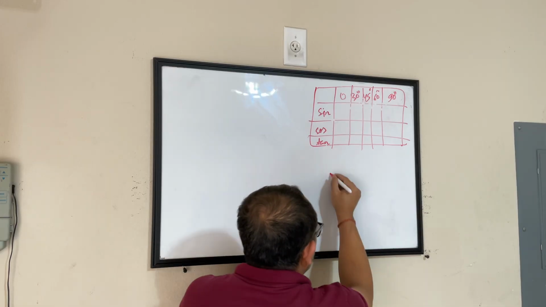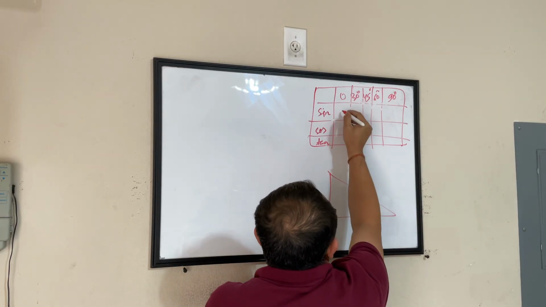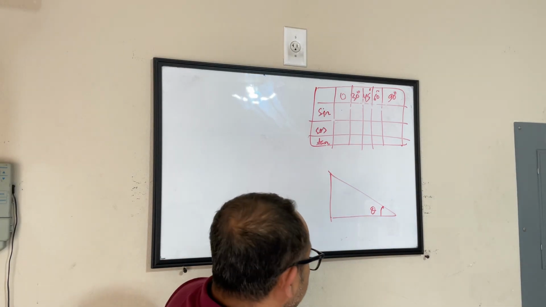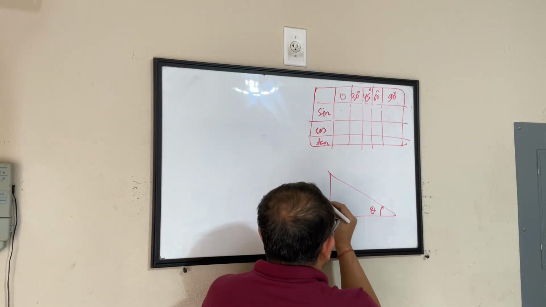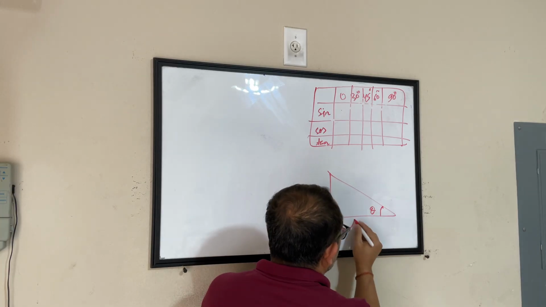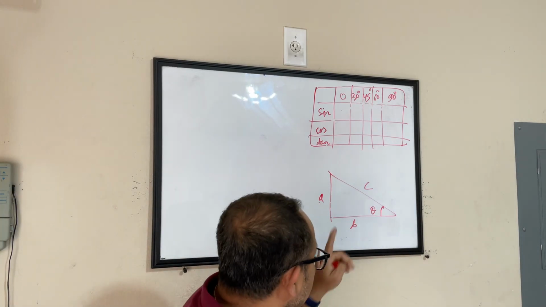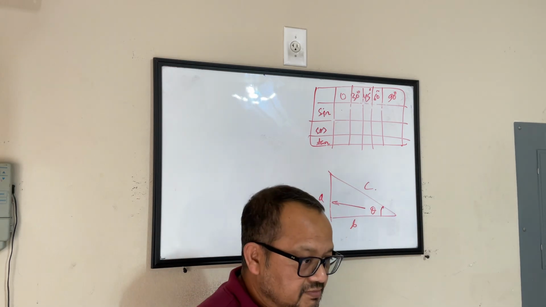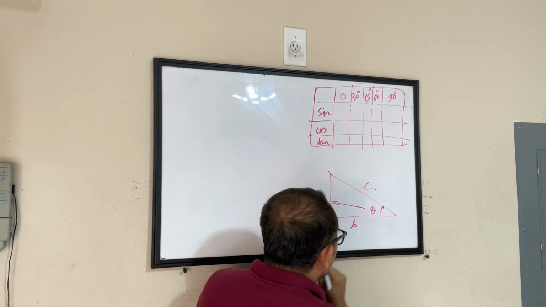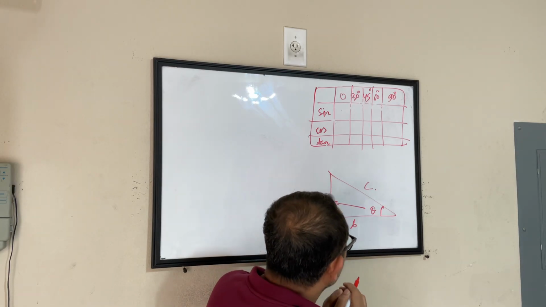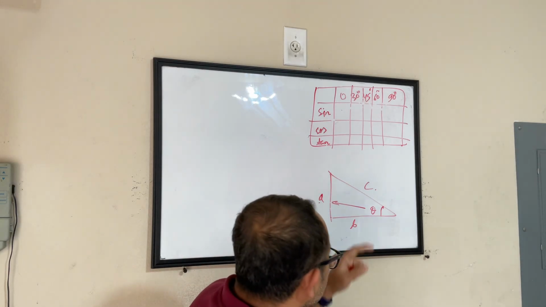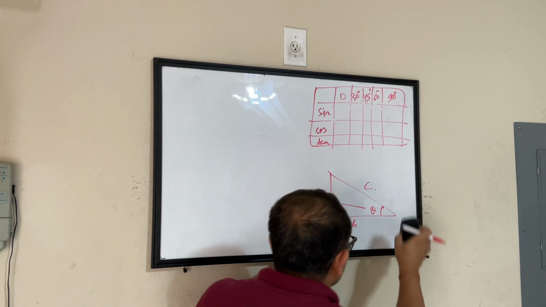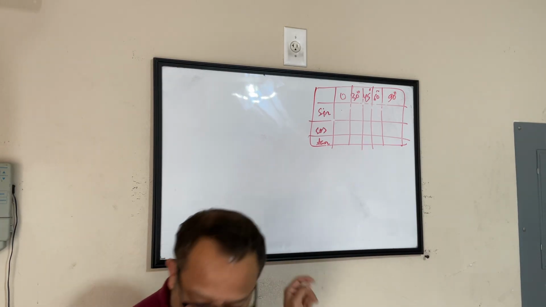Now let's look at 0 degree. Okay, so basic trigonometry says sine of theta, let's say this is A, this is B and this is C, is the side opposite to that divided by hypotenuse. You agree? Now I will still use the unit circle, only one corner of it.